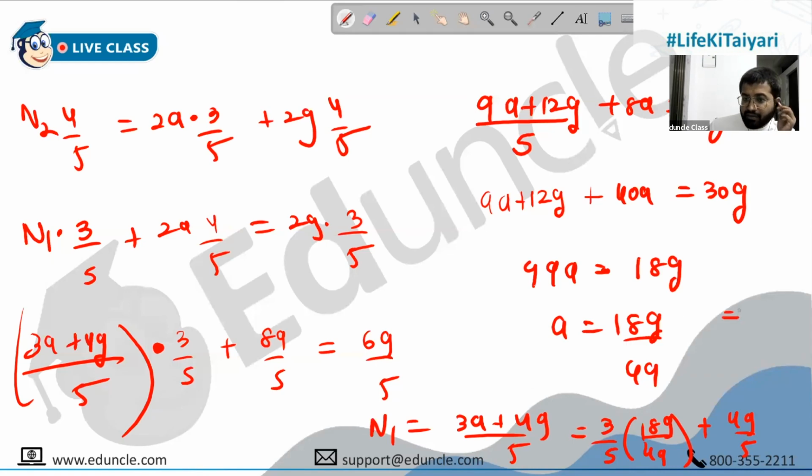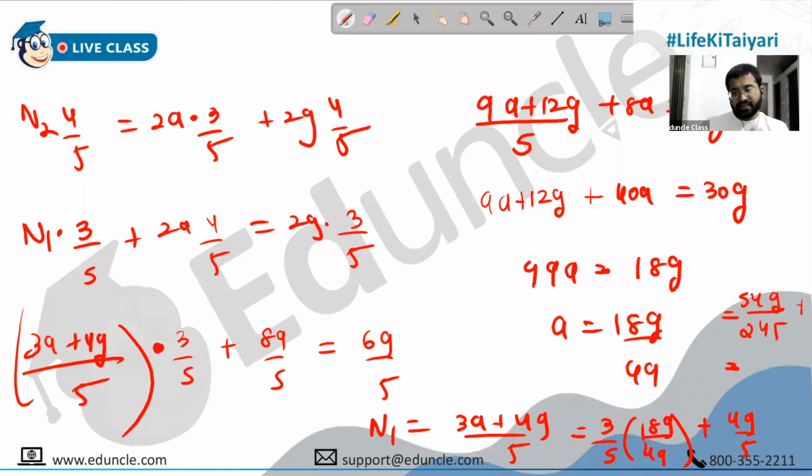Sorry, not meter per second square, 11 Newton basically. 18 threes are 54, and 49 fives are 245, plus 4g by 5, which will be 0.8.